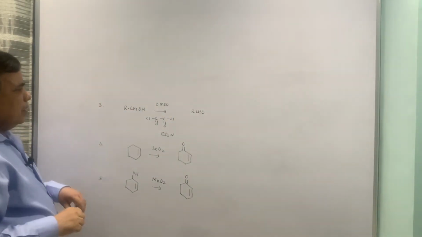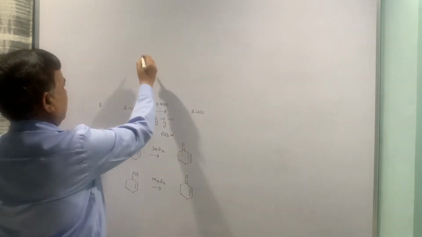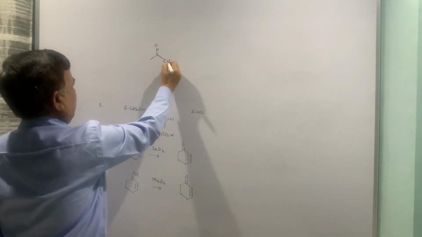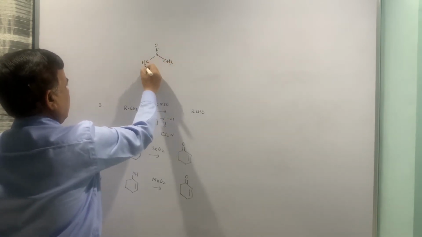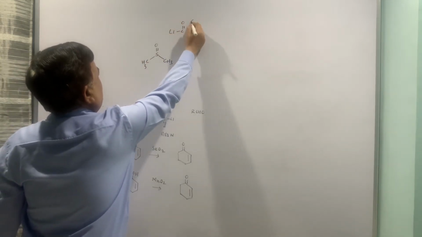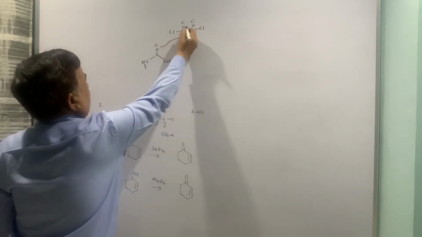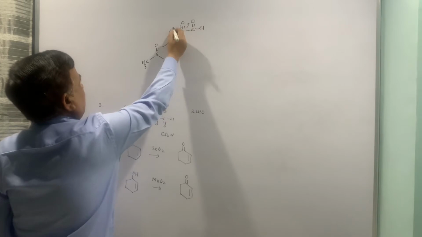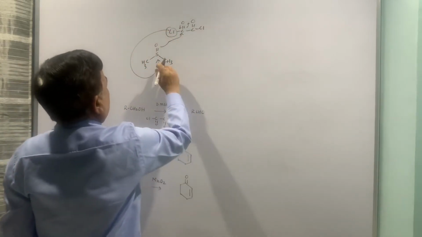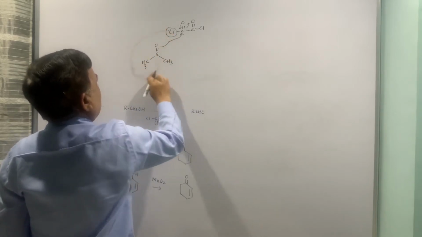Now this is the Swern oxidation. Yesterday we have seen it. I will just put DMSO here. This is dimethyl sulfoxide. This is oxalyl chloride. And I will just put this Cl here, or let me put the Cl as out from this.